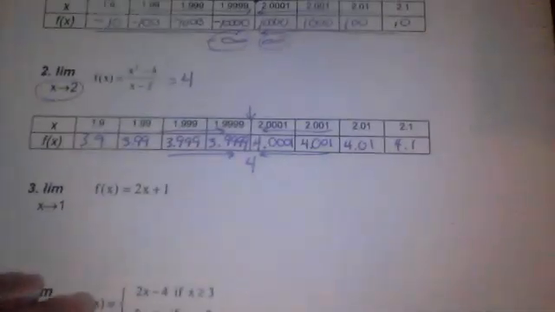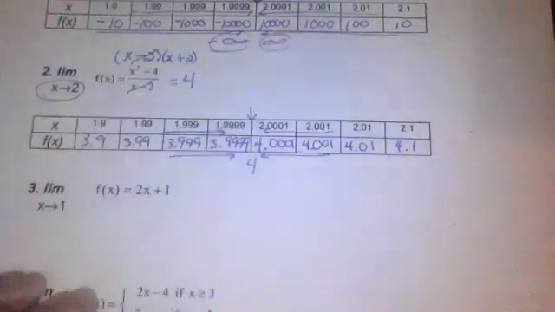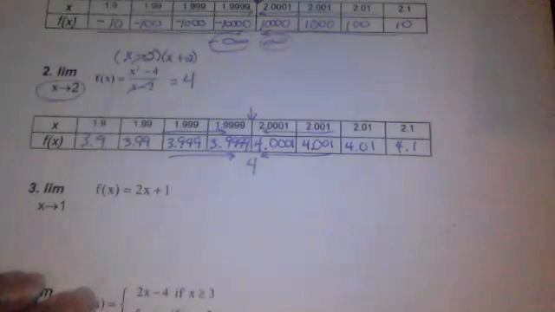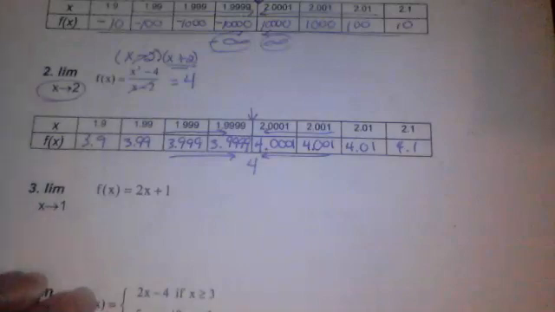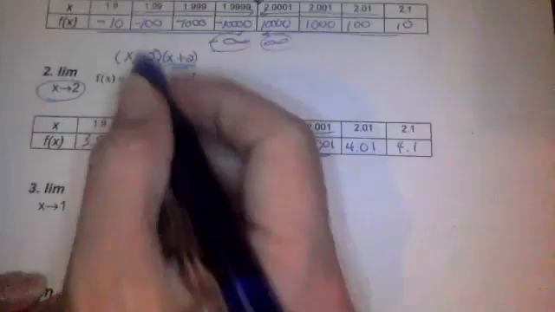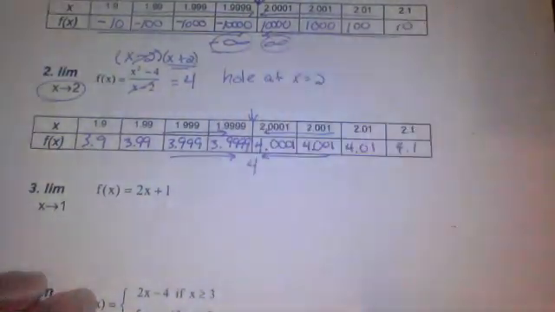Well, if I were going to graph this one so that I could determine from the graph, the first thing I would do is factor, and then I would see that this thing actually reduces. And so it turns out that this takes on the characteristics of the line x plus 2. It just happens to have a hole in it, right? There's a hole at x equals 2.